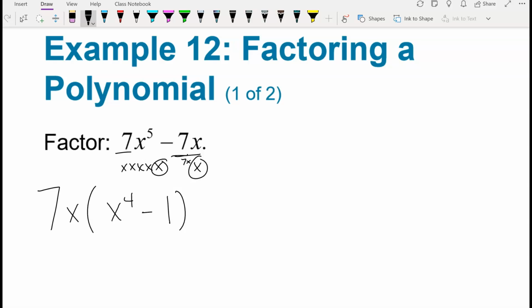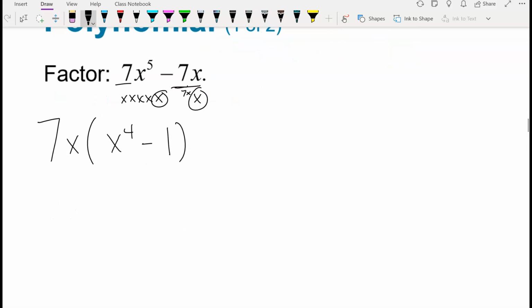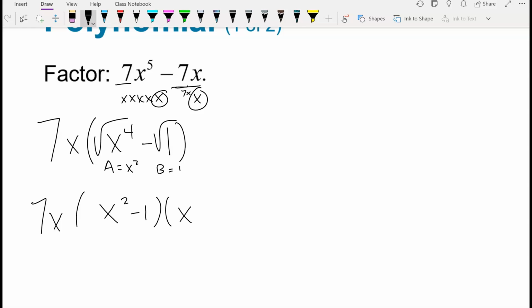And then notice it's that to the 4th power, so we need to square root it. So 7x, and it has that minus in the middle. So a is going to be x squared, b is going to be 1. So x squared minus 1, x squared plus 1.